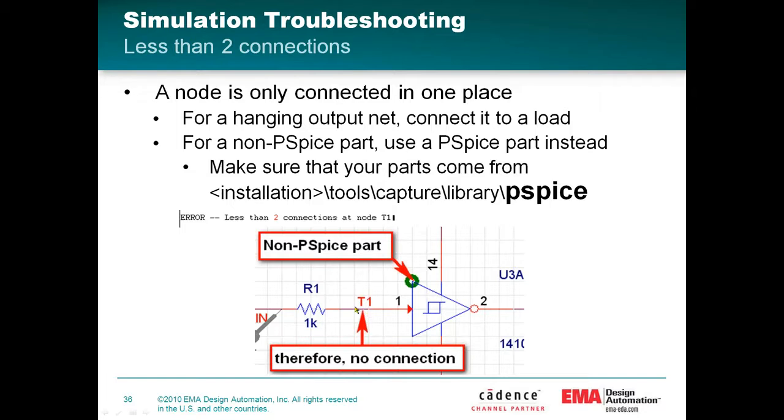So this node, according to the PSpice simulator, is just floating. That's the type of issue you see when you're using non-PSpice parts. To resolve that, make sure the parts you're assembling your schematic from come from the PSpice library location in your installation. It'll be under Tools, Capture, Library, PSpice.